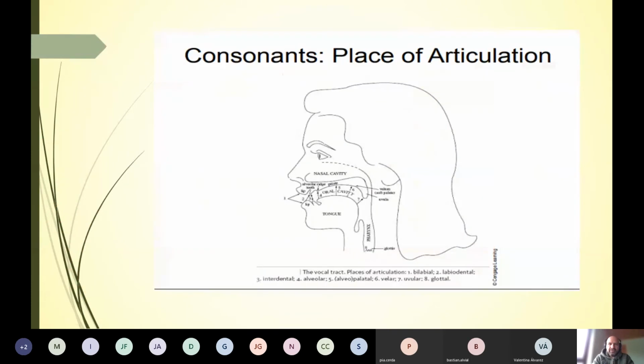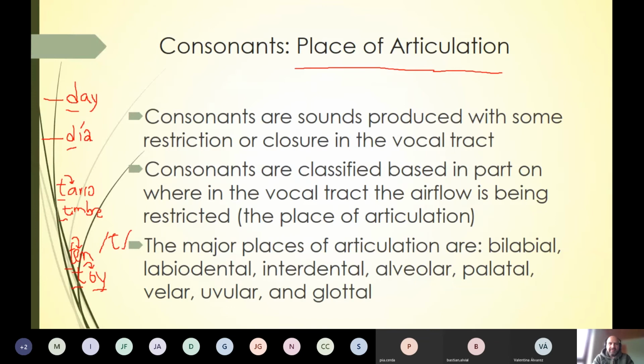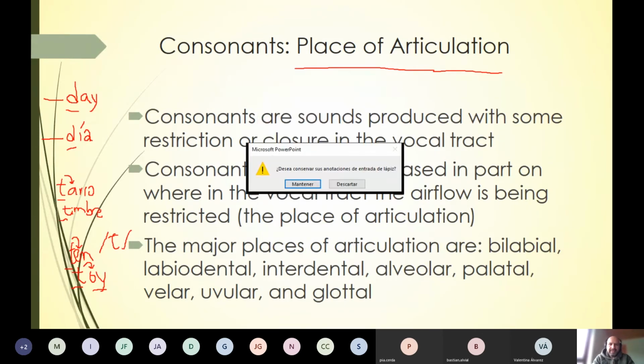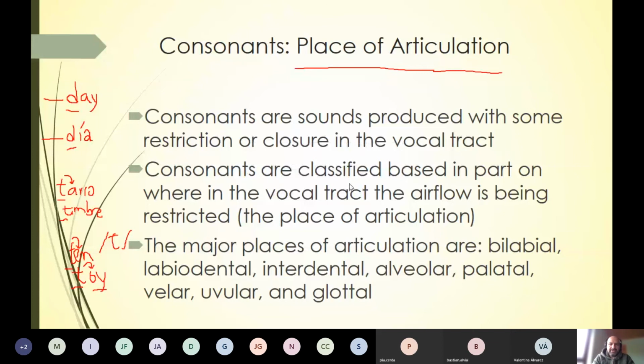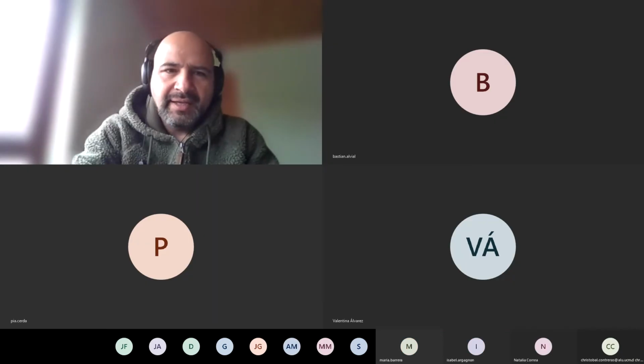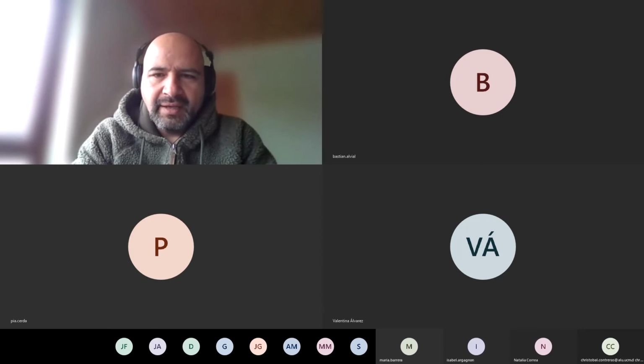Now we talked about vowel sounds at the beginning of the semester, and we started talking about consonant sounds, right? And in consonant sounds, we talked that they were described using at least 3 different criteria.